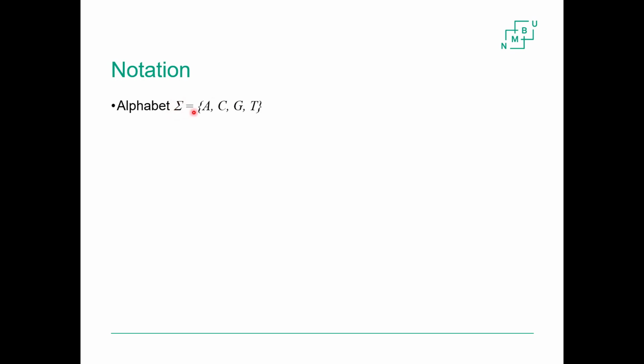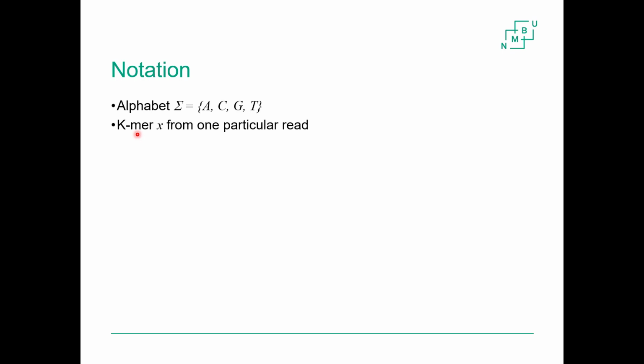The capital sigma is the alphabet, which is actually the symbols that we work on here. Since these are reads, it's the DNA alphabet, right? But alphabet is something that you can find mentioned in many papers of this type. And it's usually either the DNA or the RNA or the amino acid alphabets, right? But it is quite typical of this paper that they talk about the alphabet as a set of symbols.